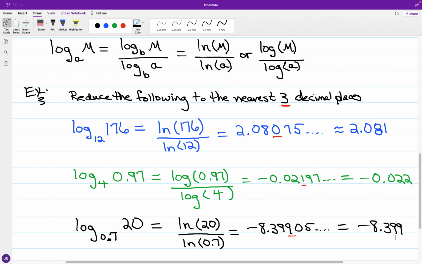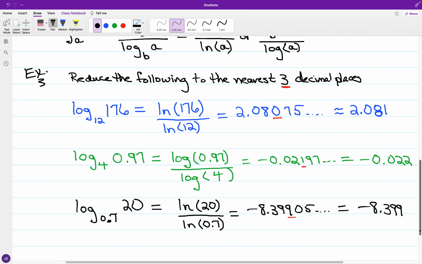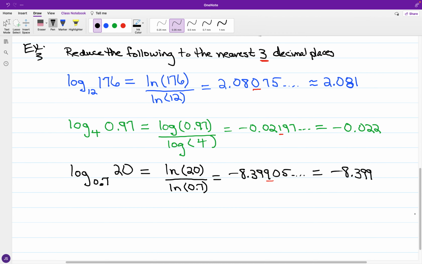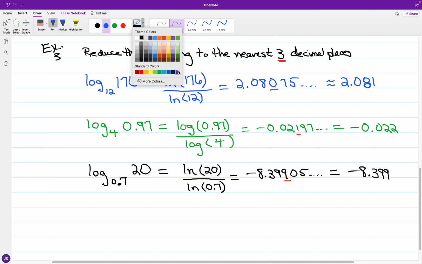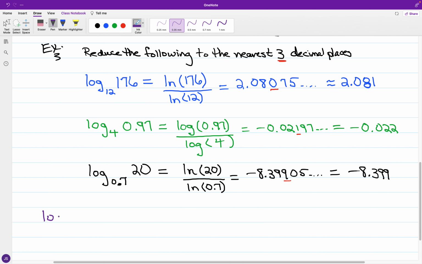Okay, so for these properties, we have concerning individual logarithmic terms. And now the fourth property is going to provide a bit of a segue to interaction between 2 or more logarithmic terms. Again, we had the first property, the base a logarithm of a to the x is equal to x.